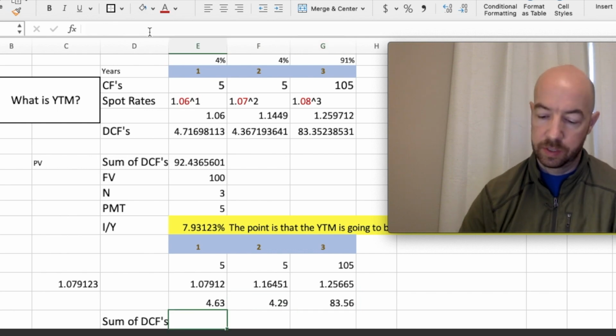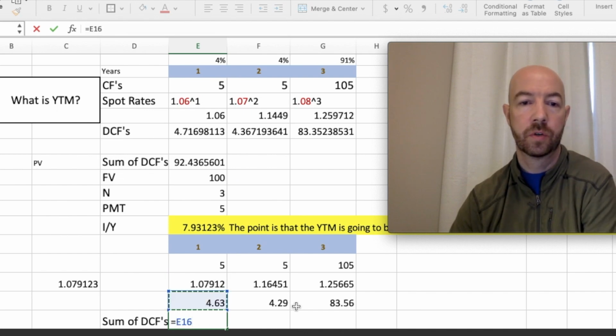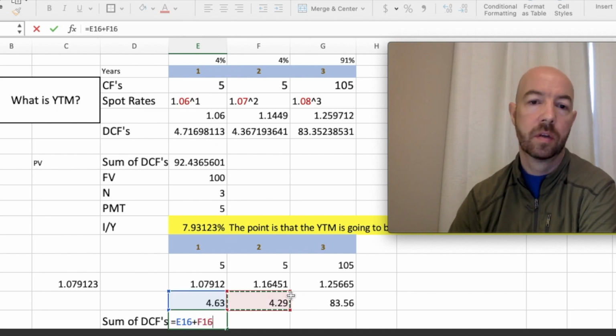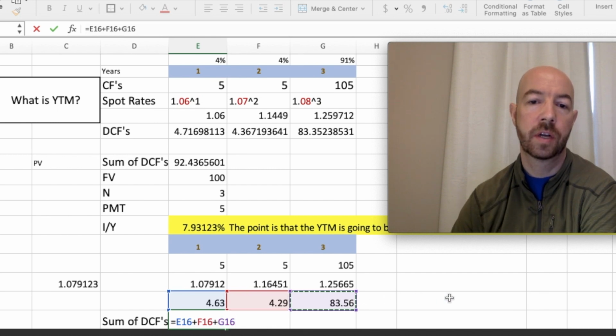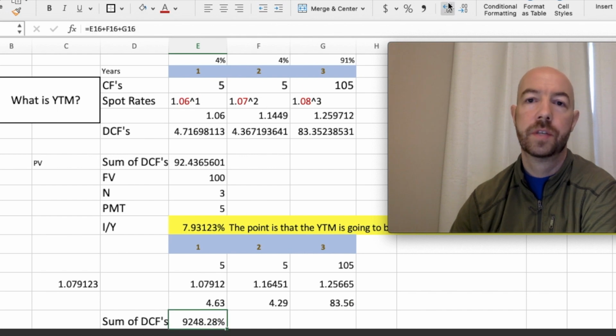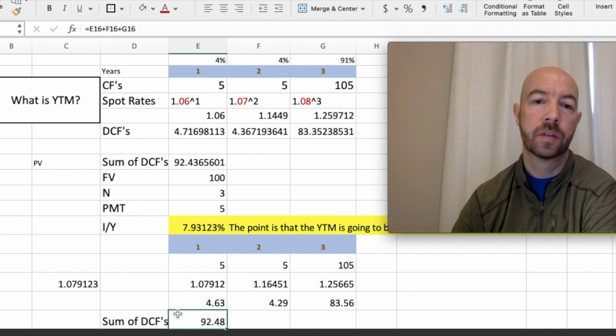When you sum these, you're going to get 463, which is not the same as when we did it this way, with these spot rates changing in different years. This was 4.71 discounted. Here we get 4.63, $4.29 and $83.56 in that third year. To change it to a number, it's going to be the same, $92.48.